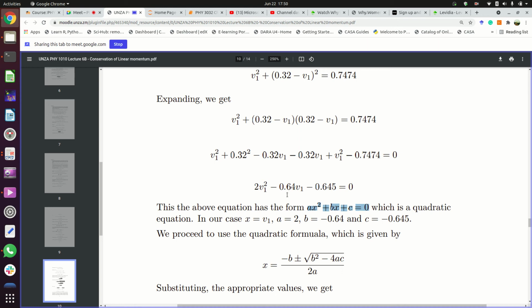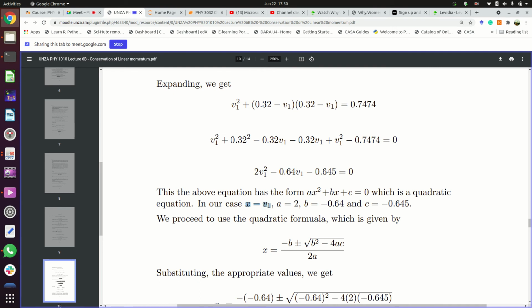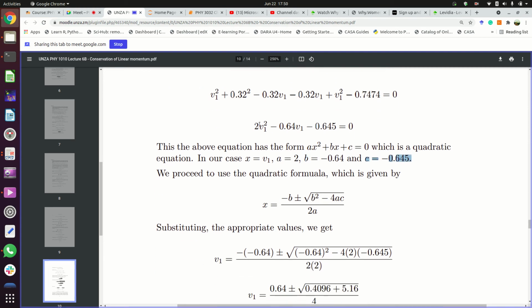So in this case, our x is v1, our a is 2, our b is minus 0.64, our c is minus 0.645. Since this is a quadratic equation, we can use the quadratic formula.